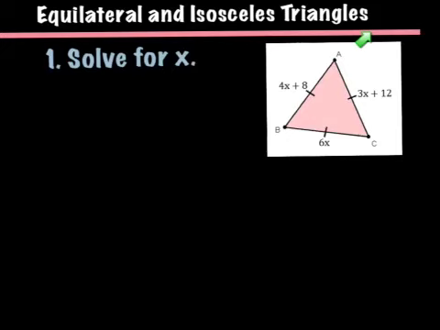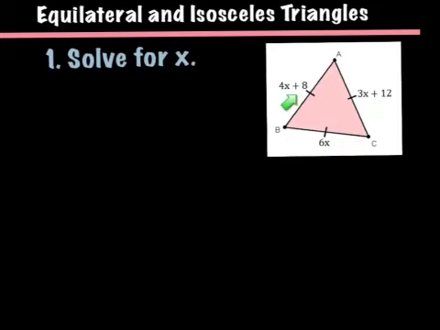Okay, so we're going to be solving this triangle for x. Do you know what type of triangle it is? Well, with these congruent marks, hopefully you realize that it is an equilateral triangle. So equilateral triangles have all the same length sides. So if we want to solve for x, what we need to do is just set up an equation with the sides that are congruent.